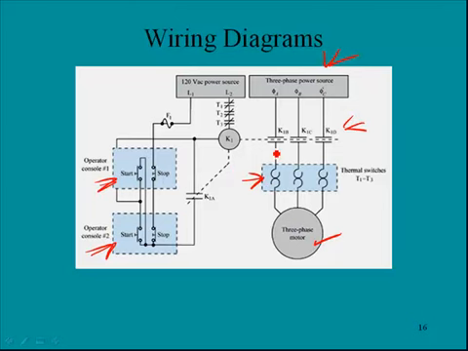If there is too much current being pulled by any of these phases, the relay or the thermal switches would open, shutting the system off. And then we have a 120 volt AC power source over here. Again, in this case, another fuse if the system overloads. So anyway, this is a depiction of a wiring diagram.